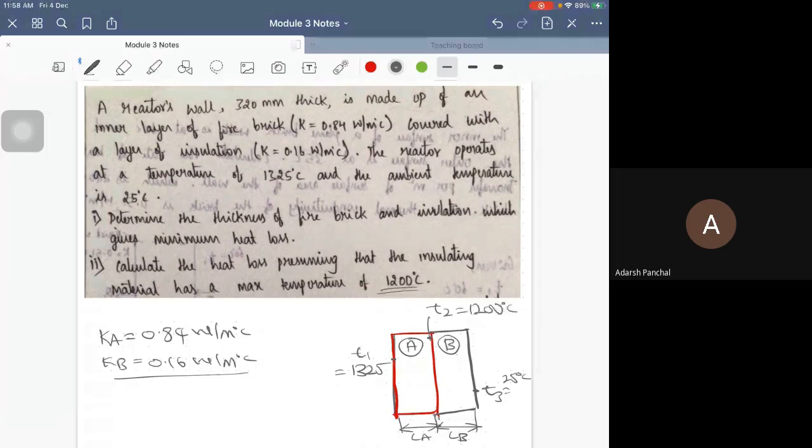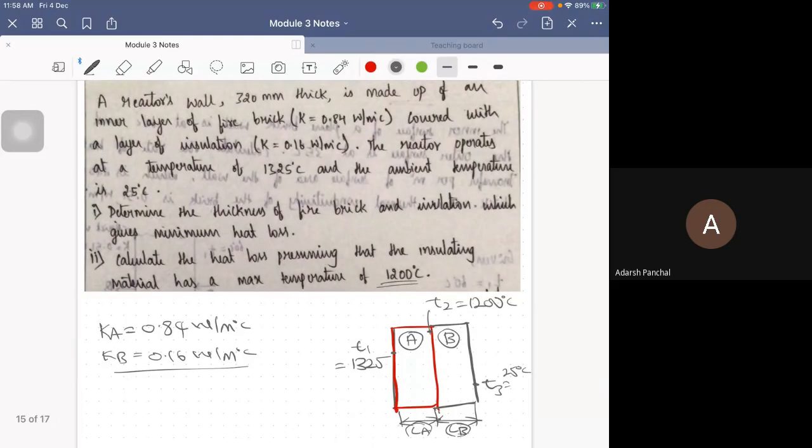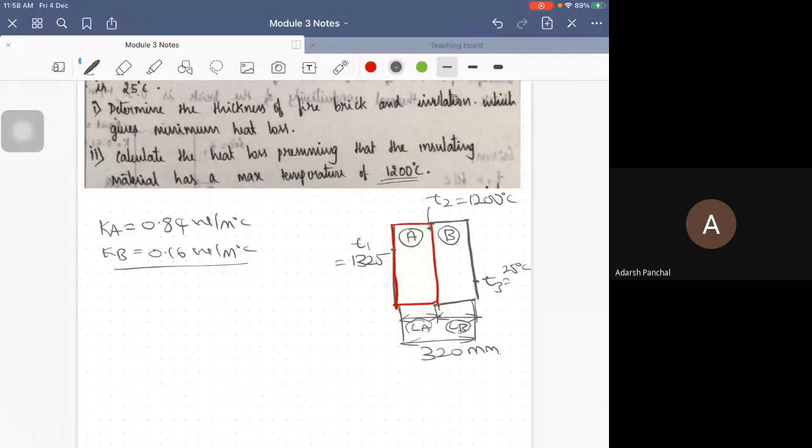You need to solve to get the values of LA and LB. Total length is being given, I guess, which is 320 mm. So I can just write L is equal to LA plus LB, that is equal to 320 mm. So this whole thing he has given.